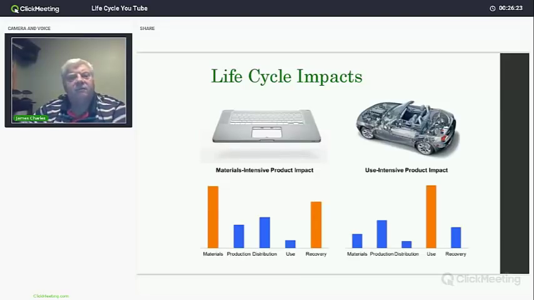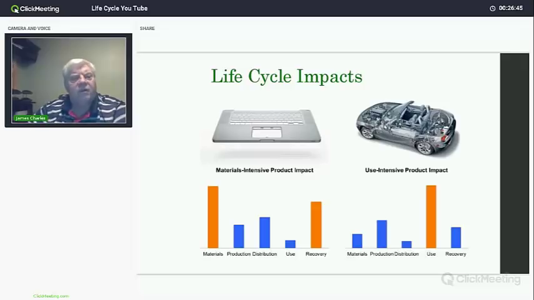But the biggest impact of the automobile is in the use of the automobile. The consumption of gasoline, diesel, the combustion of those things, which creates air emissions, the servicing of the vehicle, which creates waste oils and used oils, all create a pretty significant impact on the environment.